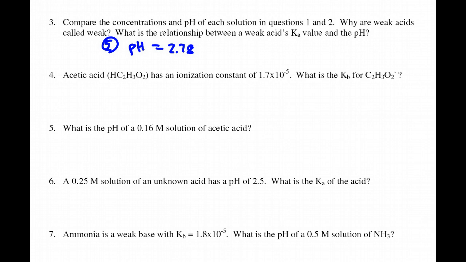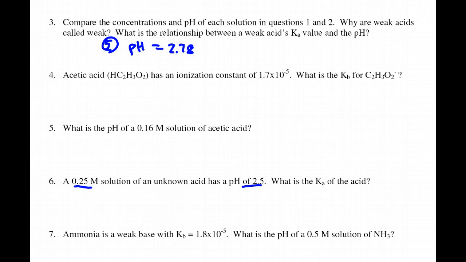Number 6 is a little bit different. You have a 0.25 solution of unknown acid with a pH of 2.5. What is the Ka? If you're given a question where the Ka is being asked for, we're going to assume that the solution molarity and the hydronium concentration we get from the pH are at equilibrium. So we're not going to go to a chart necessarily.